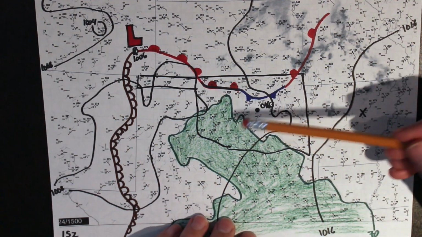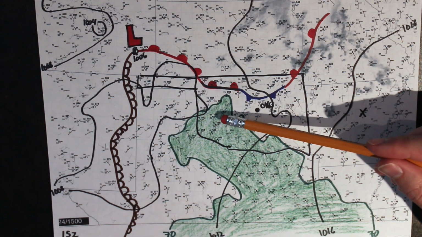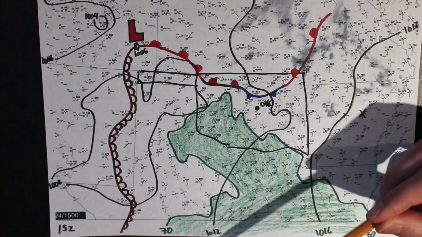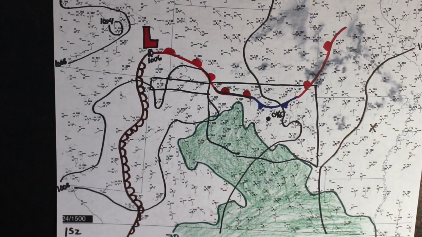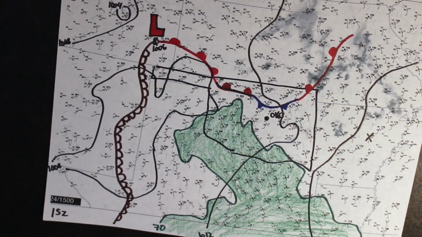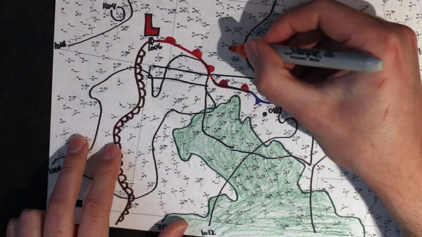So at this point, I do not see any reason for you to change your target area, considering it's only 10 a.m. We're going to draw in a similar target area.